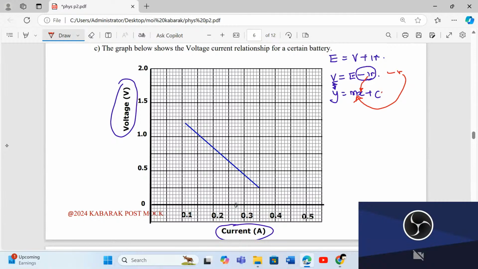Then our c will go for E, which is our EMF. Therefore, this means that the y-intercept will give us the EMF of the cell. We can go on. This is an incomplete graph, therefore you are required to complete it so that you can respond to the questions being asked.